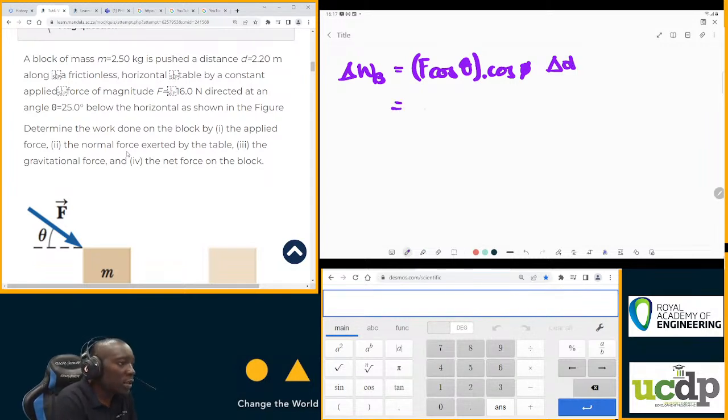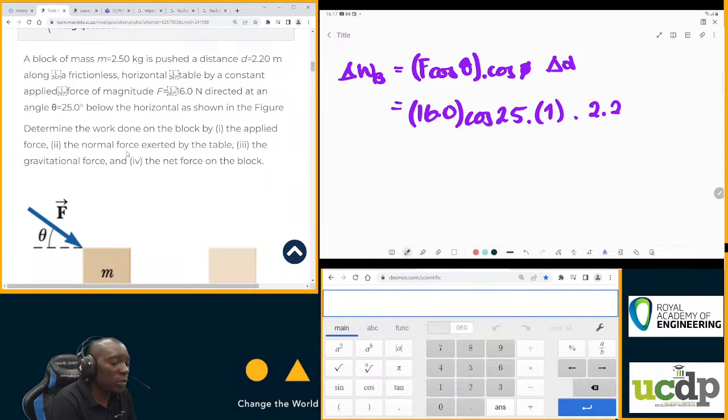So this is a 16 newton force, cos 25, times cos 0, which is 1, and times 2.2.